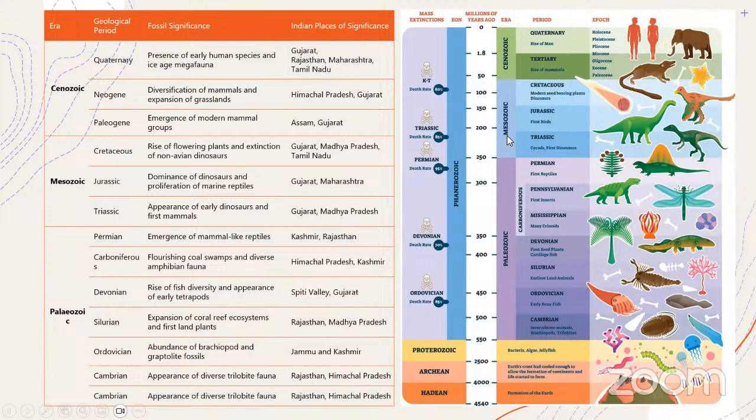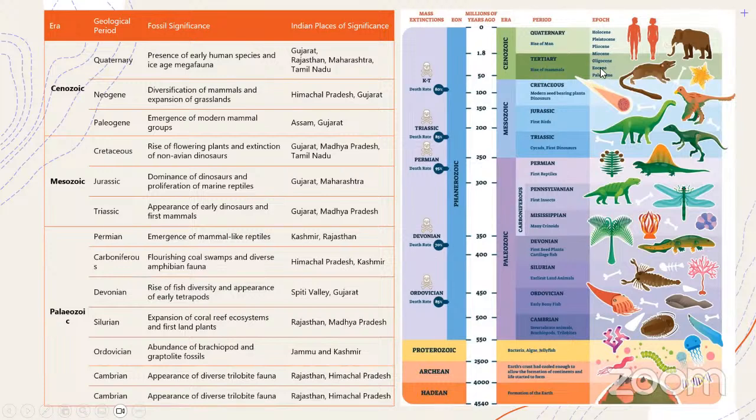In the Carboniferous, Triassic, Jurassic, and Cretaceous, we can observe the first dinosaurs, first reptiles, and first insects. In the Jurassic, first birds appear, and in the Cretaceous, modern seed-bearing plants and dinosaurs. And in the Tertiary, rise of mammals. And in the Quaternary, rise of man.